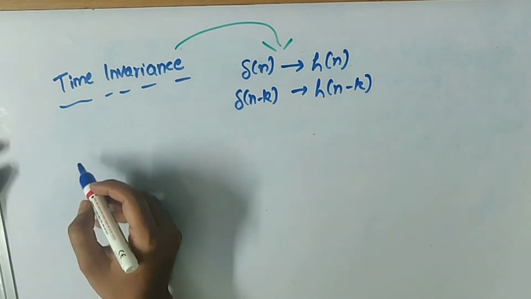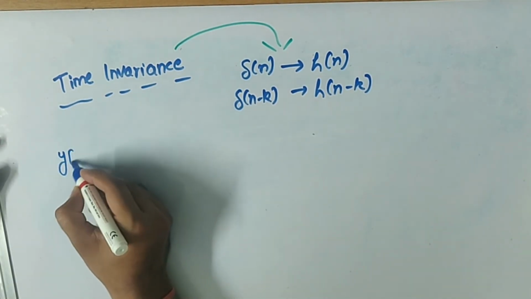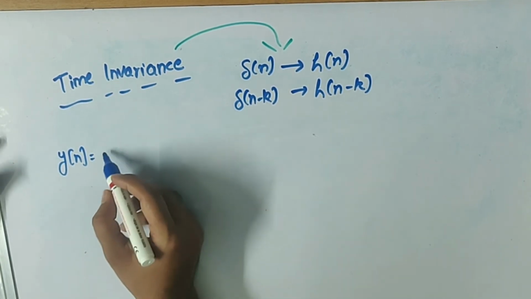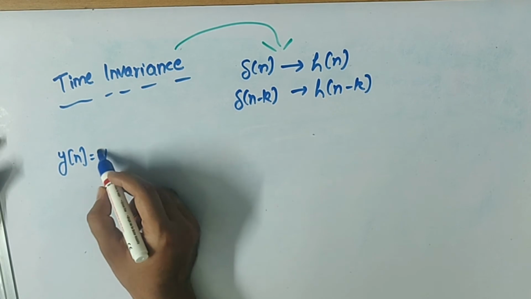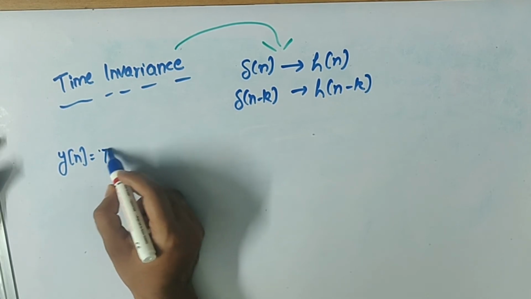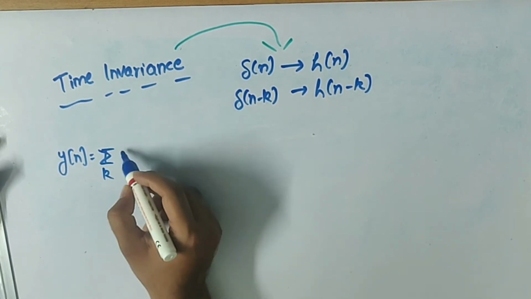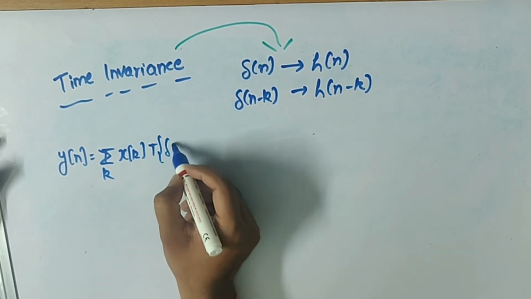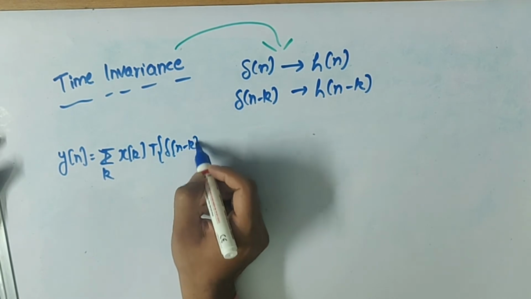Our equation with only linearity was y[n] equals summation over k of x[k] T of delta[n minus k].